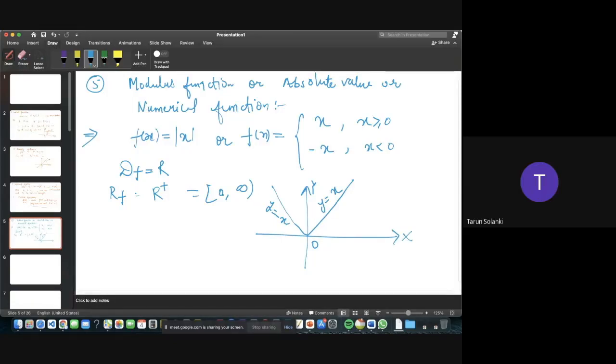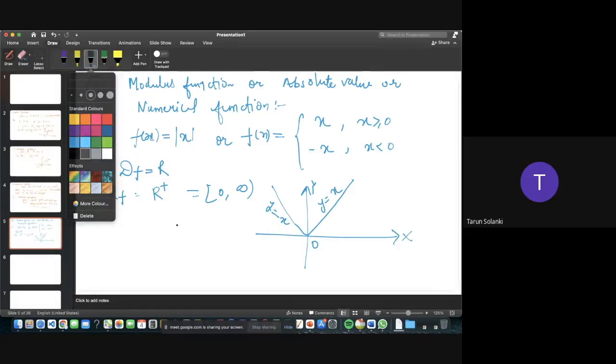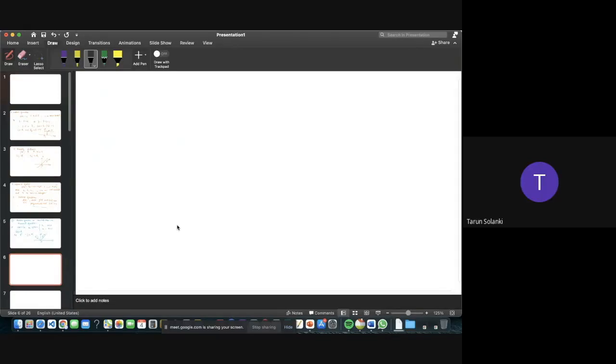Now here are some properties of the modulus of a real number.